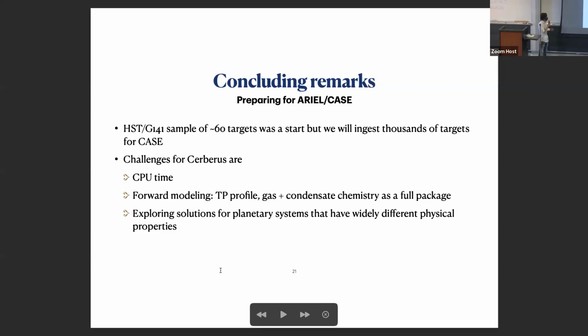In terms of forward modeling, I think there are real ties between chemistry, I mean gas chemistry, condensate chemistry, and the TP profile. All those links and interactions should come together. And so far, because the cost was so high to compute those forward models, we had to build oversimplifications ourselves, assuming a constant temperature profile for the recovery and so on.